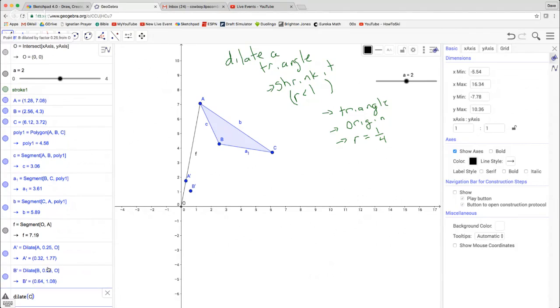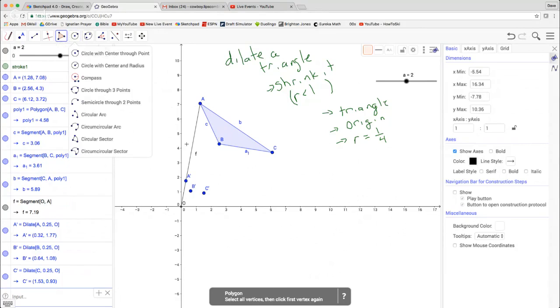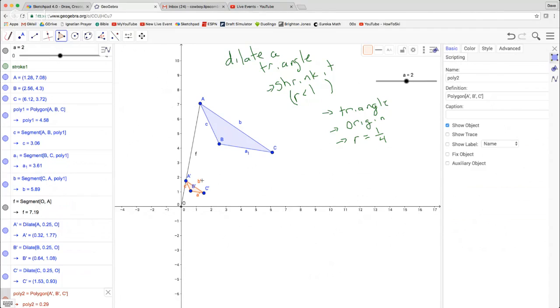Dilate. Okay, and now I'm going to draw on my triangle. Okay, and so now I have my dilated triangle again.